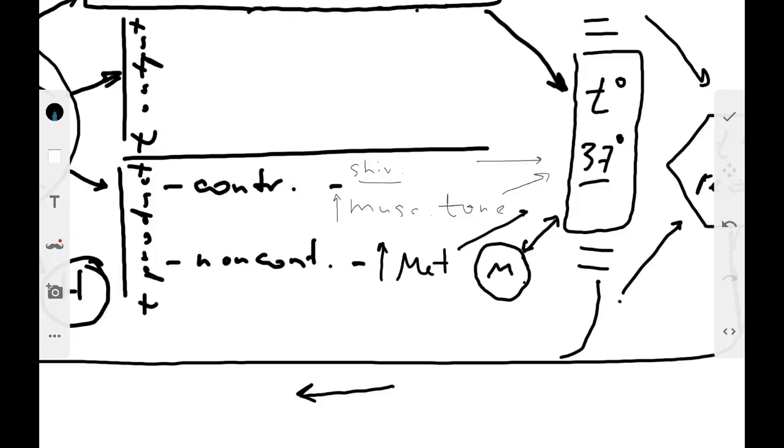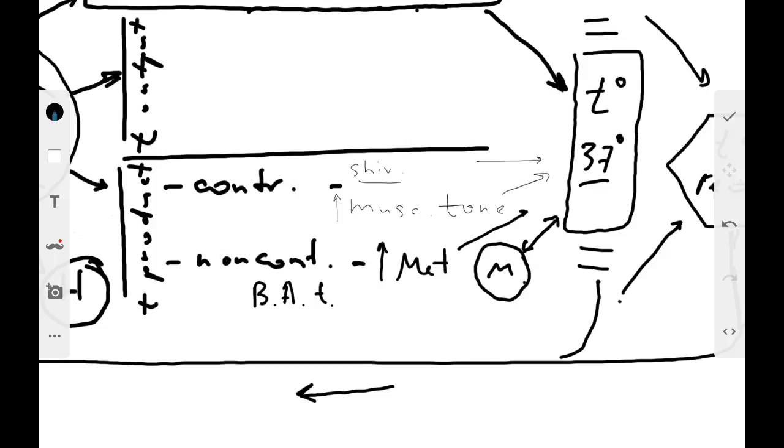Another type of non-contractile thermogenesis is uncoupling of processes in mitochondria, where ATP is not produced in this case, and it may take place in the brown adipose tissue.